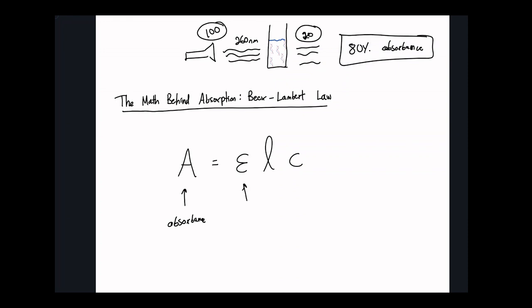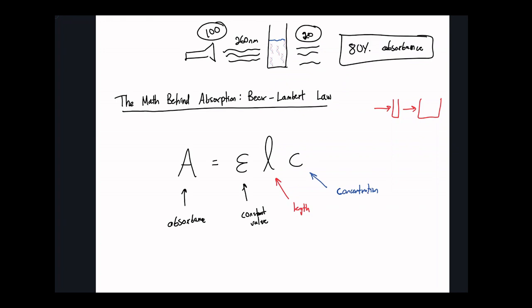This is a constant value called the extinction coefficient. So it depends on what the sample is. This is the length of the tube. So you can imagine a very thin tube and a very thick tube. Light can go through this easier than it can go through this. So the length of the tube has to be factored in. And last but not least, the concentration.